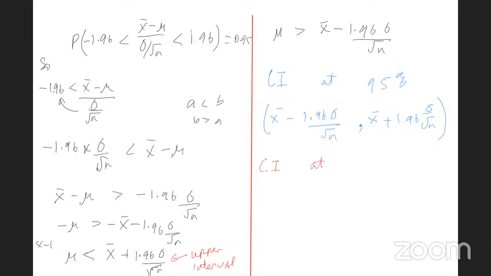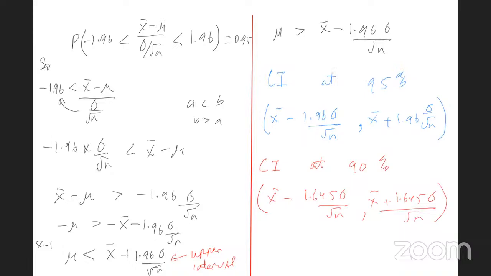Confidence interval at 90%. All that changes is that value in the middle. At 90%, it will be X bar minus 1.645 sigma on root n, and X bar plus 1.645 sigma on root n. So if they change it to 90%, that's the formula you're using.